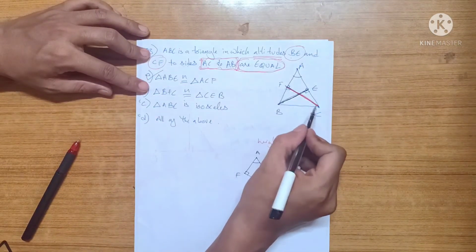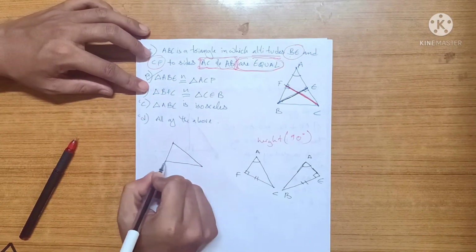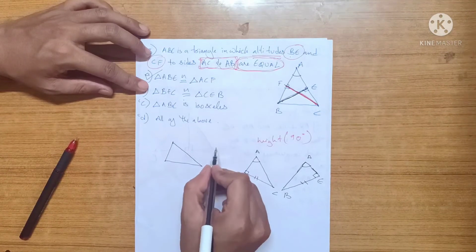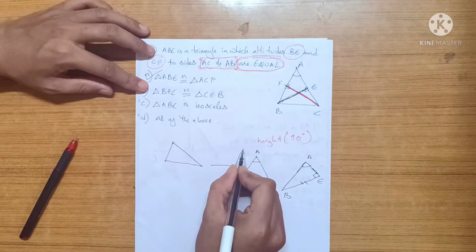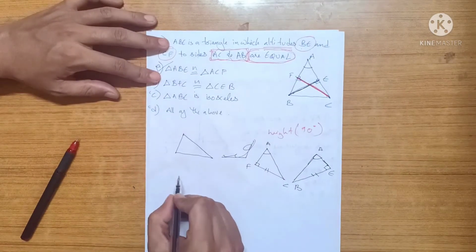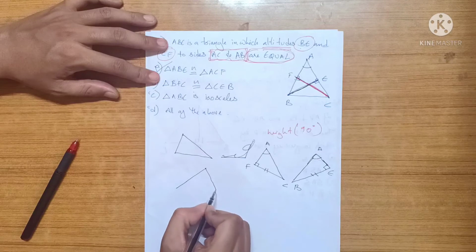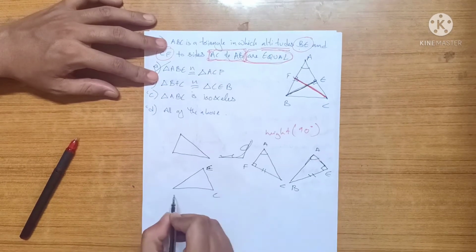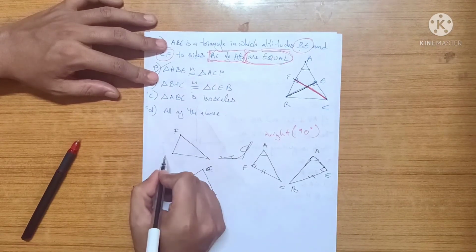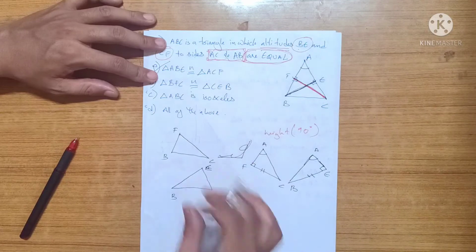But just for confirmation, let's check the other statements as well. So BFC, let's draw the triangle BFC, and then let's draw the other triangle, which is BEC. Let's just draw it down here. This is E, this is C, this is B, this is F, this is B, this is C. I'm just taking the triangle and keeping it here, exactly the same.